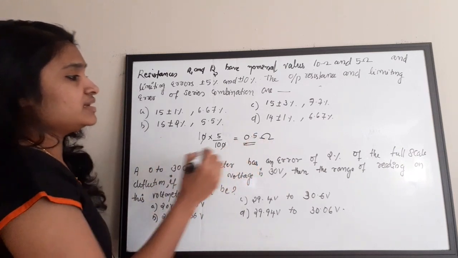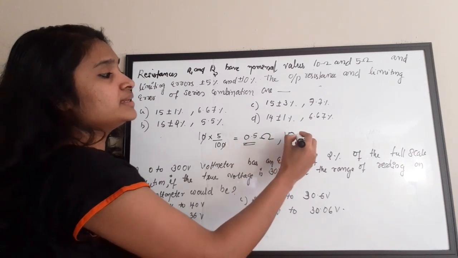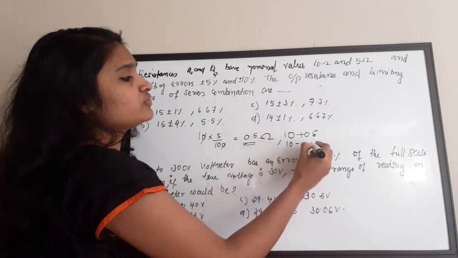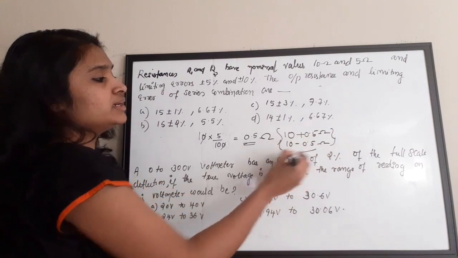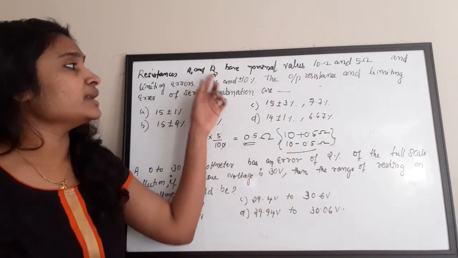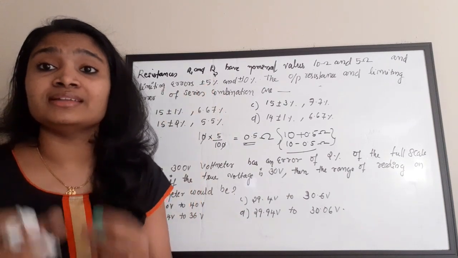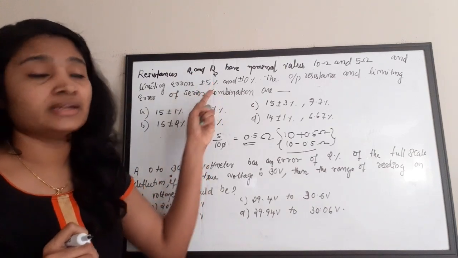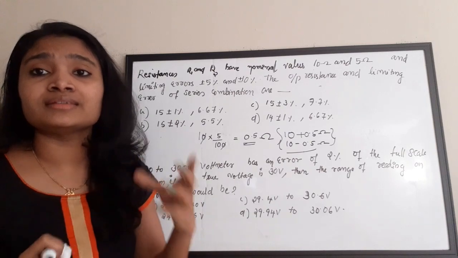So if the original value is 10, the resistance can be either 10 plus 0.5 ohm or 10 minus 0.5 ohm. Since this much error is included, first you have to calculate, out of the given percentage, how much it is in resistance value.